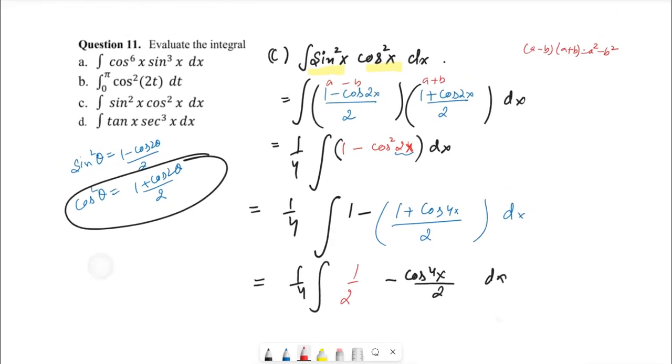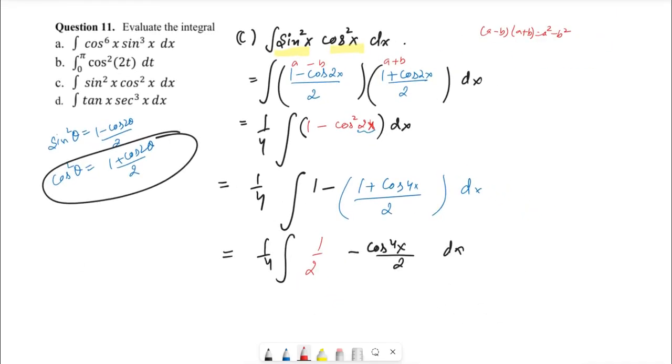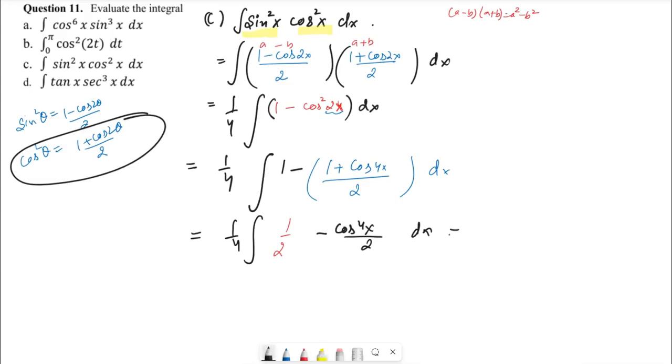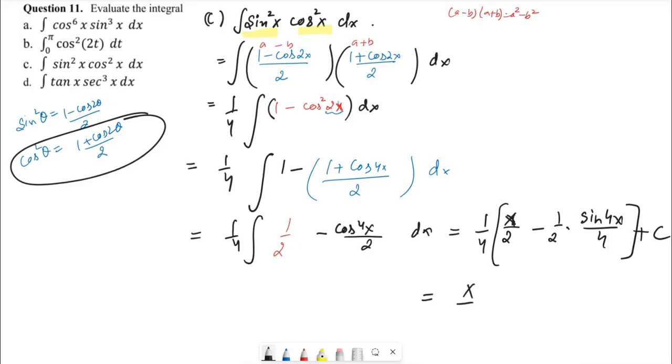And now I can integrate everything. 1 by 4, integral of half is x by 2, minus half integral of cosine is sine 4x by 4 plus c. So x by 8 minus sine 4x by 2 times 4, 8 times 4 is 32 plus c.